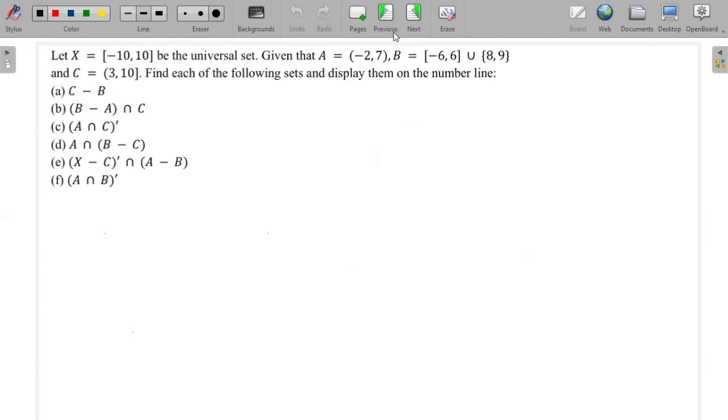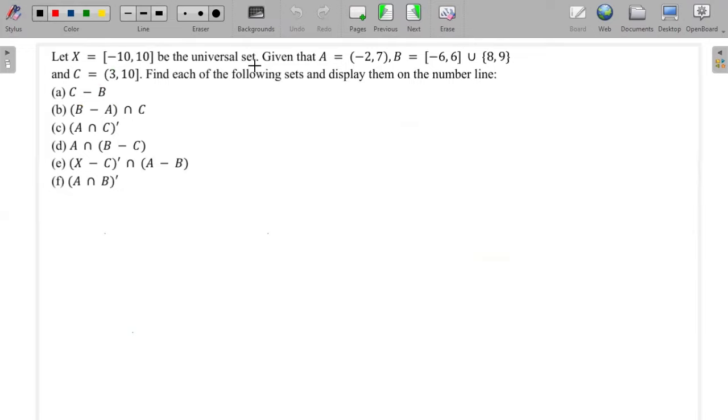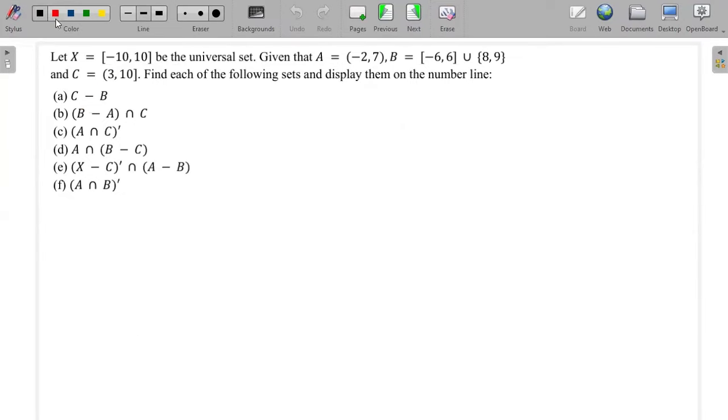Okay. All right. Next question. Here I've left the other De Morgan's laws for you to prove on your own as practice. I did this one, so you can do the other one on top there. Make sure you do it because these are the same things that are going to be coming in your assessments. Okay, and then here, they're saying let X be the set from minus 10 to 10, the universal set.